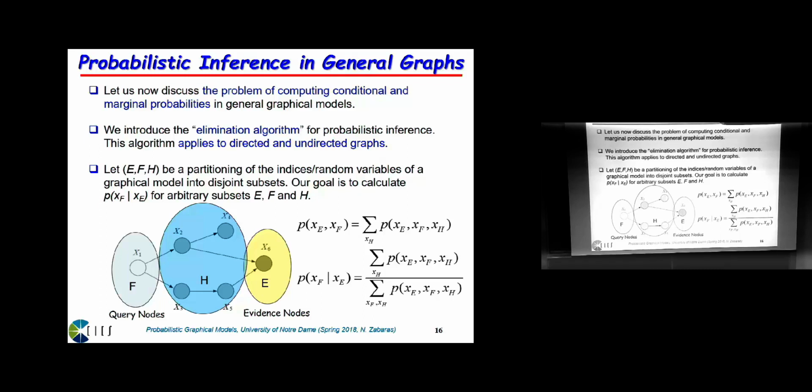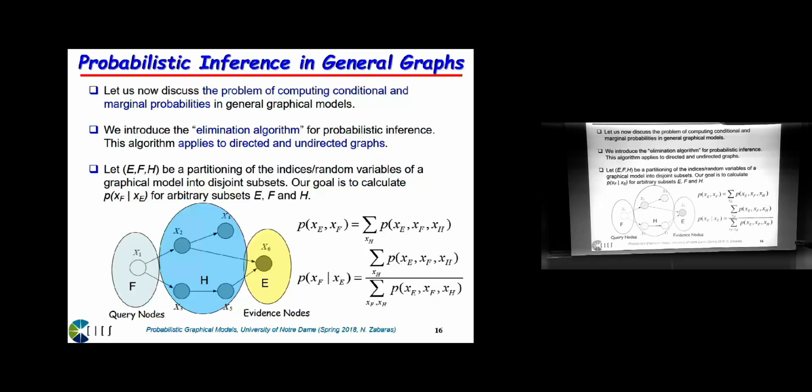And I think we already have discussed that the big picture basically looks like the equation you see at the bottom. We want to compute the probability of xf given xe, the evidence. And I write this as the joint probability of xf and xe. That probability can be written as the probability of all the variables with the hidden variables integrated out.